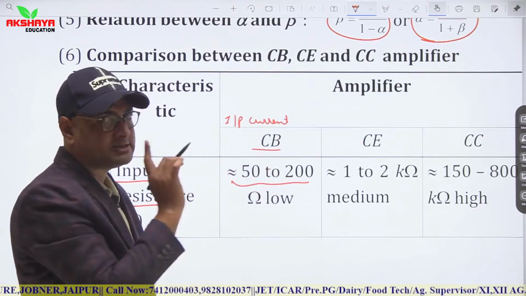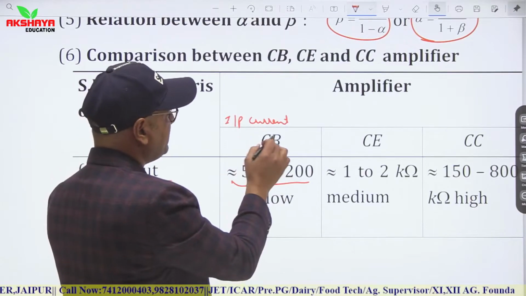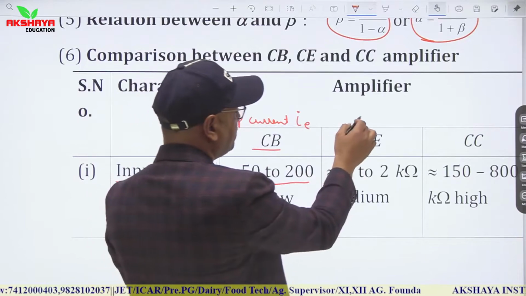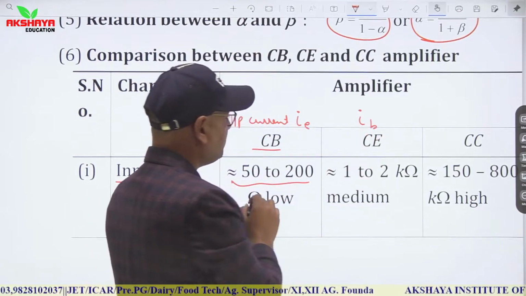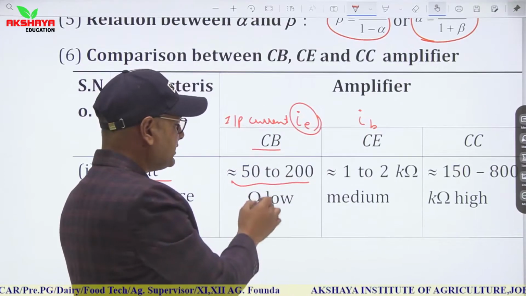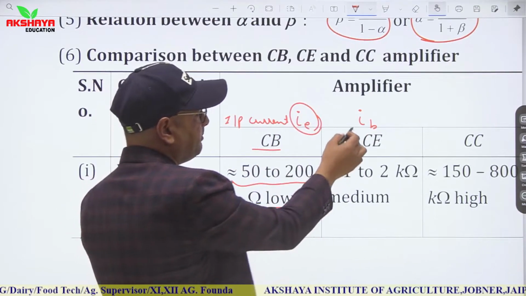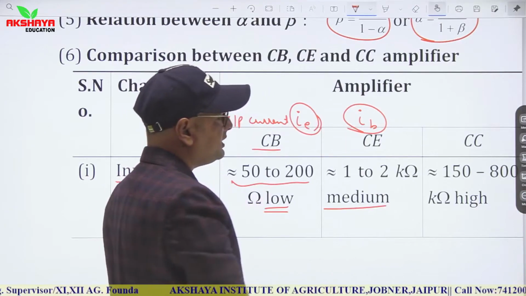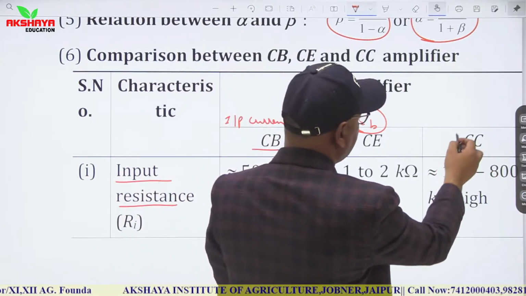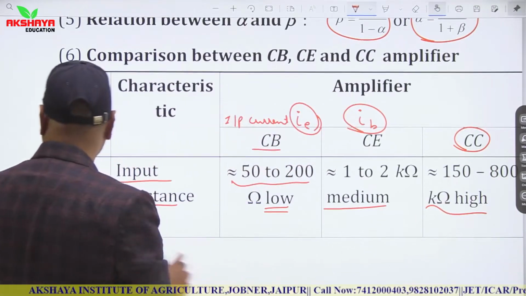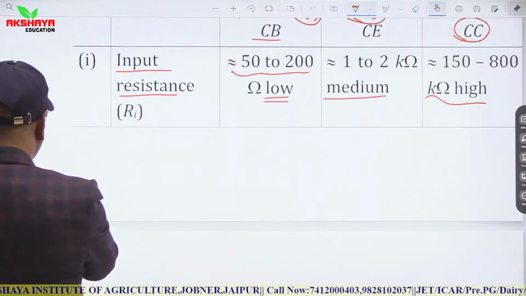No need to memorize, simply keep in mind that in case of common base, input current is IE, in case of CE, input current is IB. So here we can say that as emitter current is high, resistance will be low. Base current is poor, so we can say that its resistance is medium, while in case of CC, resistance is high. So these are the relations which can be remembered on the basis of current.